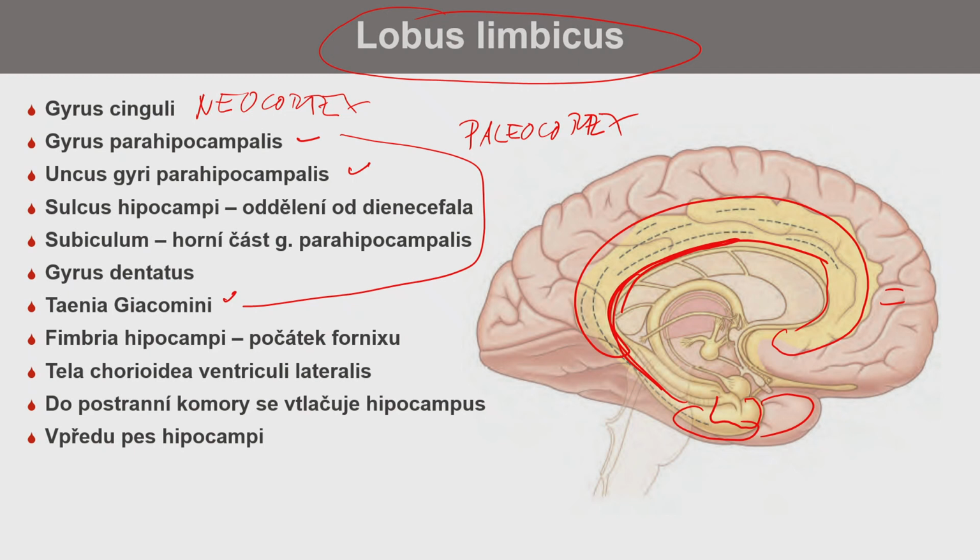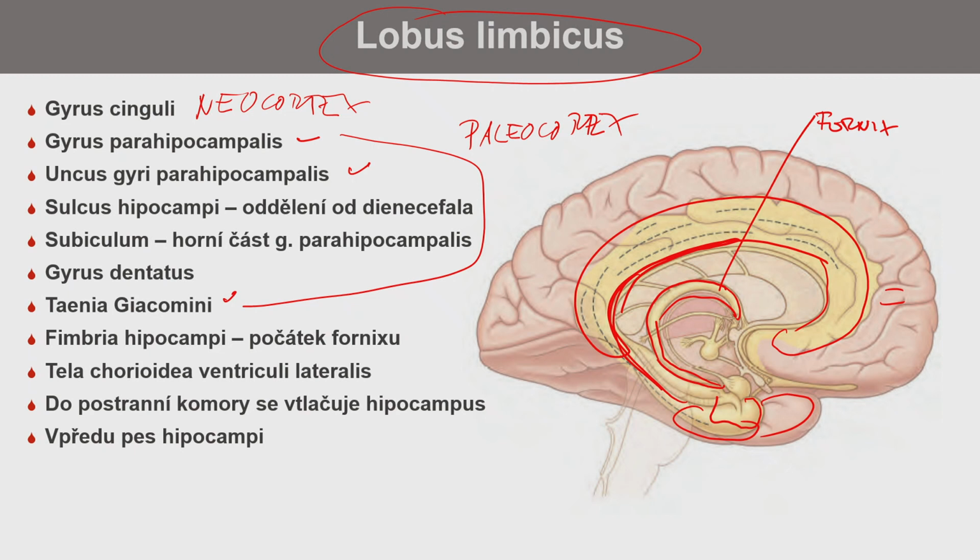The structures of white matter which are also important in this region are the fimbria fornicis, and the fimbria then forms the fornix. This is the fornix, and the fornix is a white matter communication between all those structures of the limbic system.